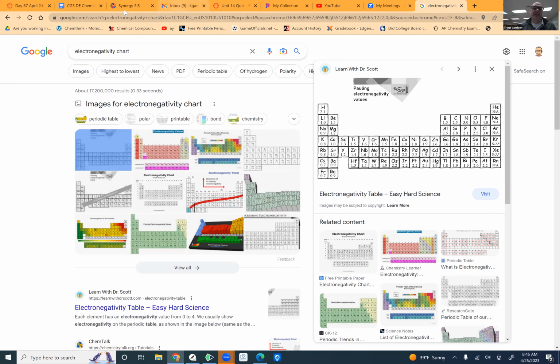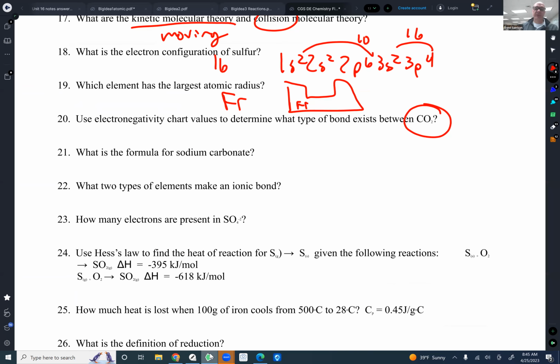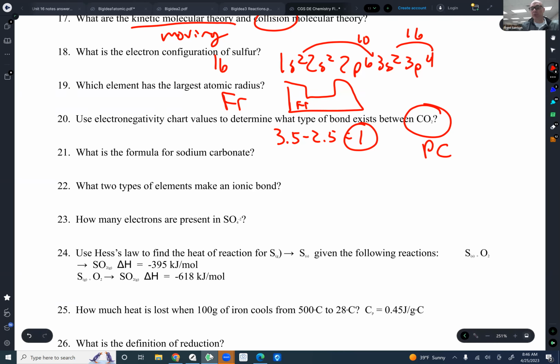Oxygen is 3.5. 2.5 and 3.5. So the difference between those two is 1. That difference is quite small. So it's in between. So it's going to be polar covalent. And there will be a chart to help you rationalize that. But you might want to look up what the electronegativity differences are.